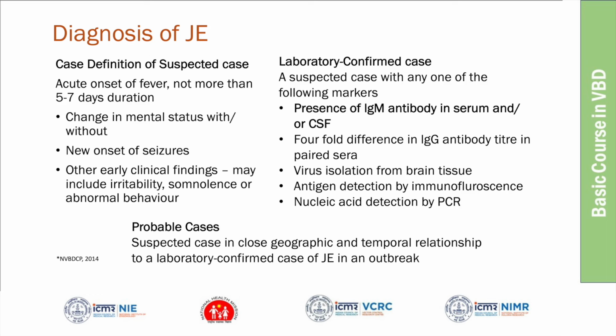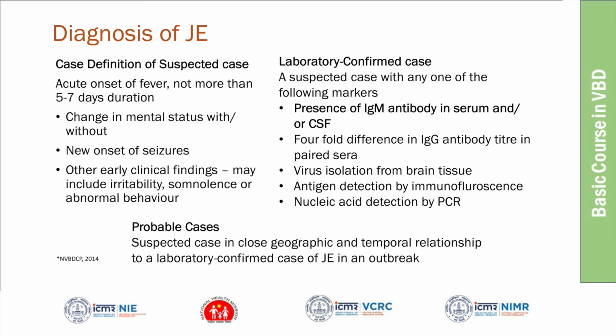We will call it a lab confirmed case when a suspected case, with all these findings, has any one of the following laboratory confirmed investigations. That is, presence of IgM antibody specific to Japanese encephalitis virus in serum and/or in CSF, cerebrospinal fluid.